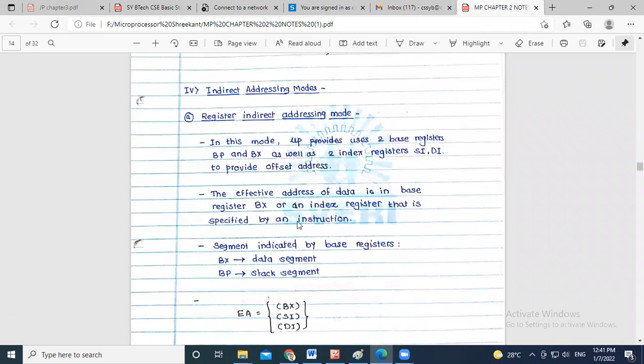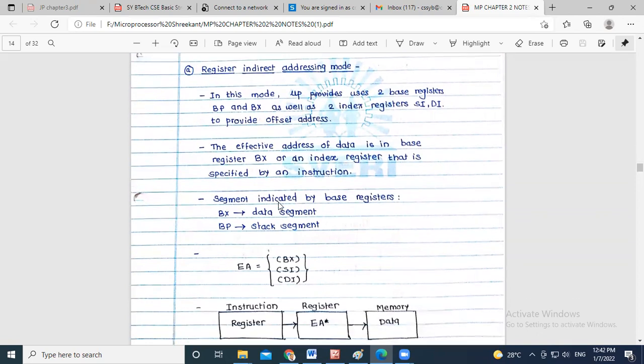The effective address of data is in a base register, that is BX, which may be BH or BL, or in an index register, as specified by the instruction. For example, BX refers to the data segment and BP refers to the stack segment. You have to indicate BX as the data segment and BP as the stack segment.